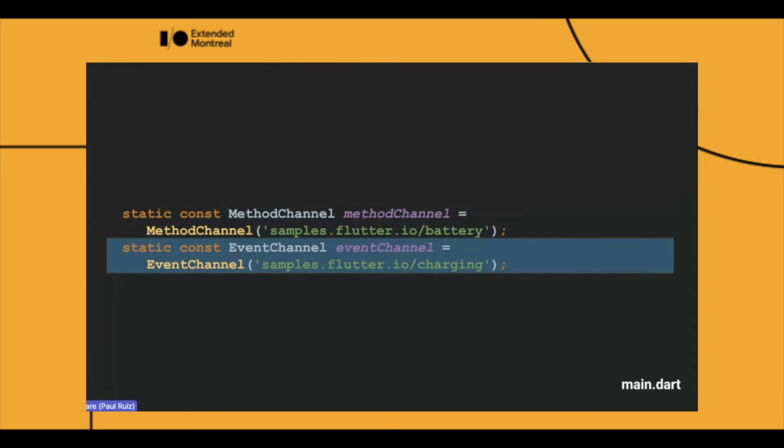Both of these examples are going to be focused on this power, hardware, and event setup. You can use the same concepts, though, for any sort of library or functionality that you've already made natively for iOS or Android, and make them work for your Flutter components. The big use case that we've been seeing with this is, say you work for a company that has 100 internal iOS apps, but no Android apps.